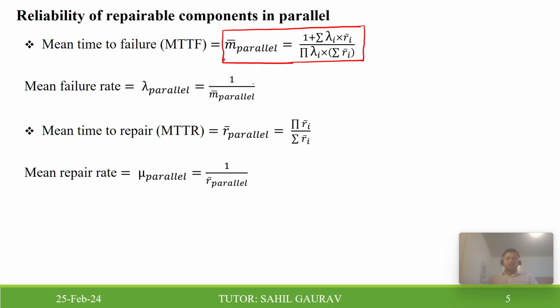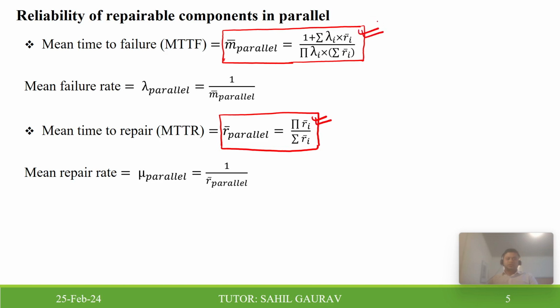If you know this mean time to failure, then you can find the failure rate by taking the reciprocal of it. And the second term is the mean time to repair. It is given by this expression, the multiplication of repair rates upon the summation of repair rates. These two expressions are very important.